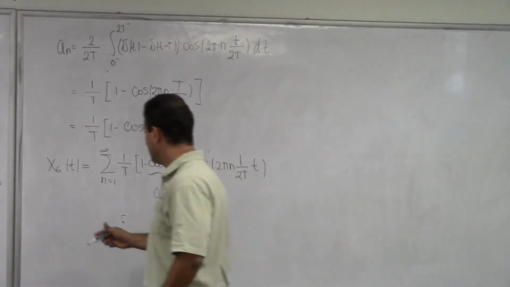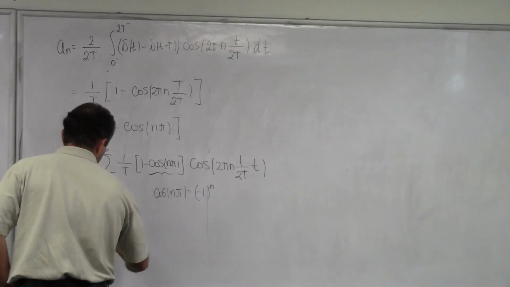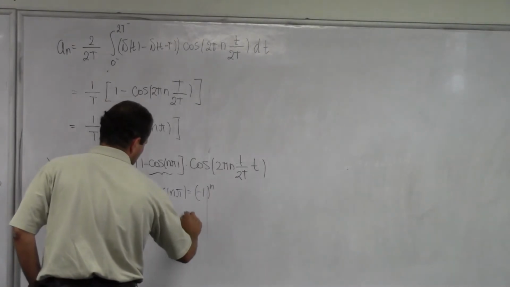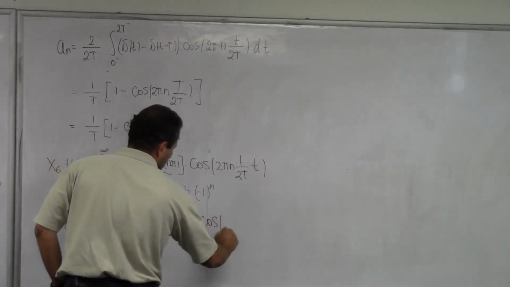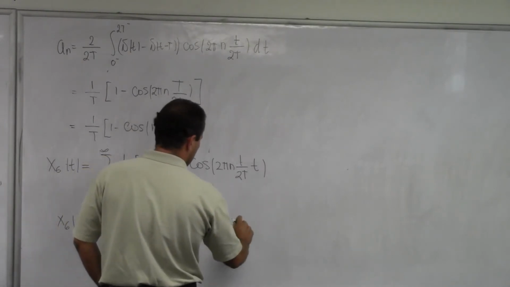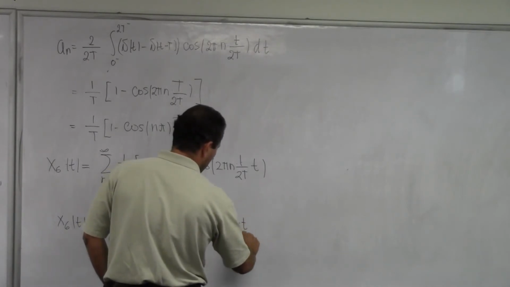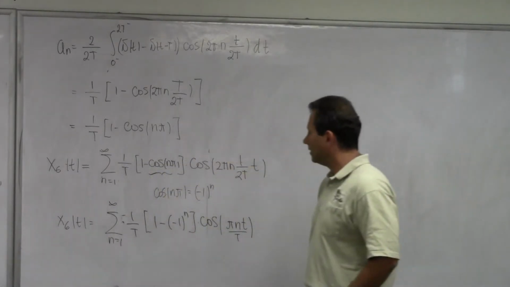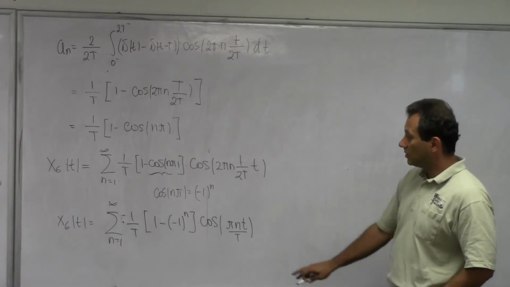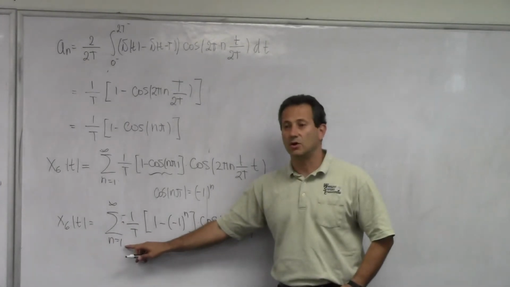So if I bring this back in, you can say x6 of t is the sum when n goes from 1 to infinity of 1 over T, 1 minus -1 to the n, times cosine 2 pi, let me cancel the 2 and 2, so it becomes n pi t over capital T. Now if you stare at this for a little bit longer, you can see that the only terms that count are the ones where n is odd.